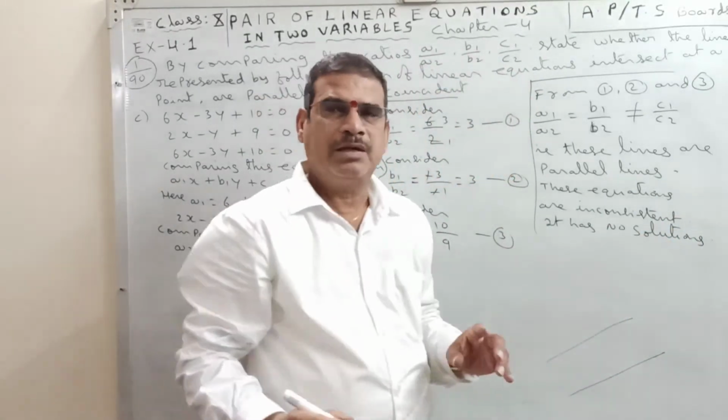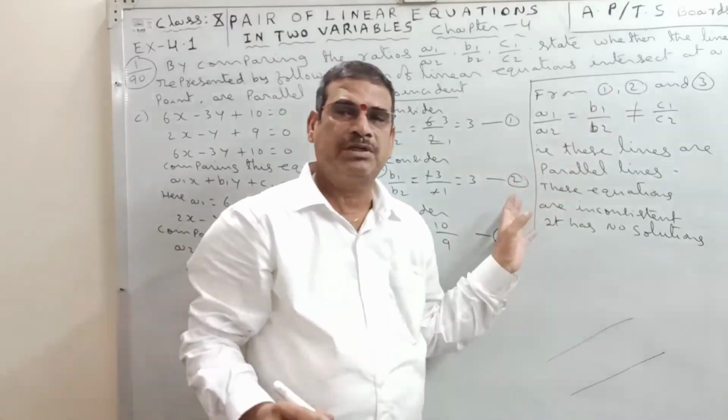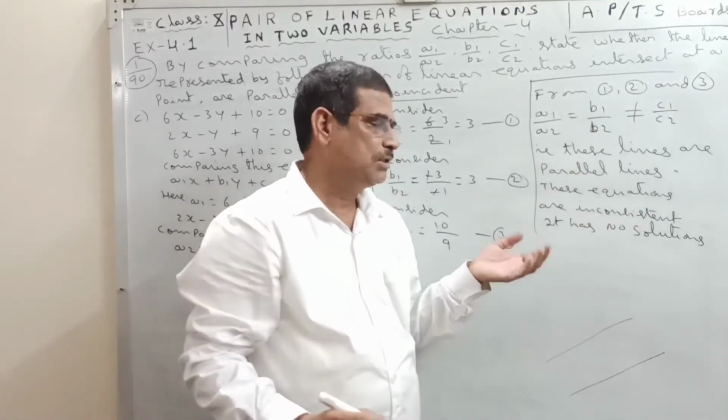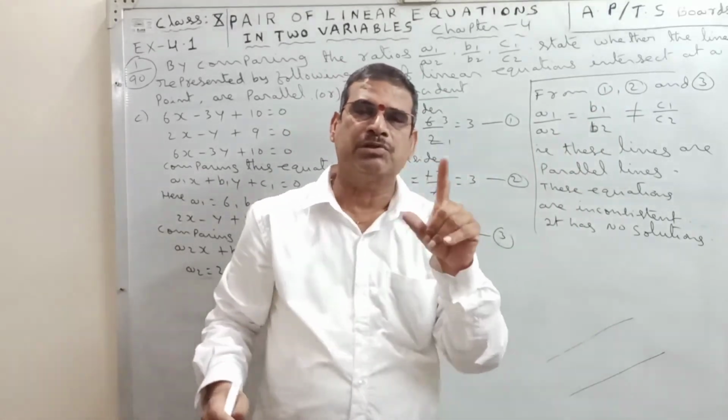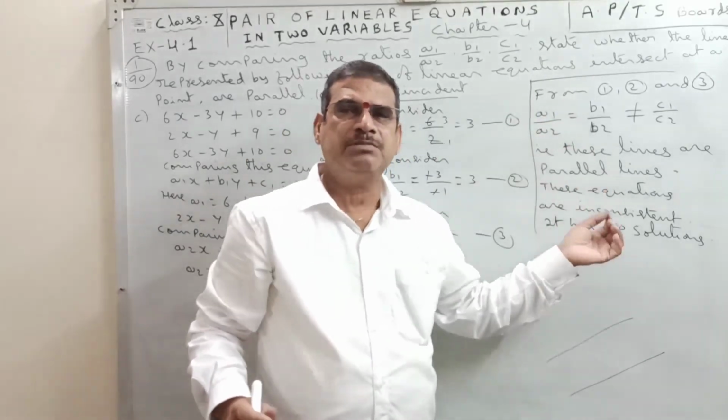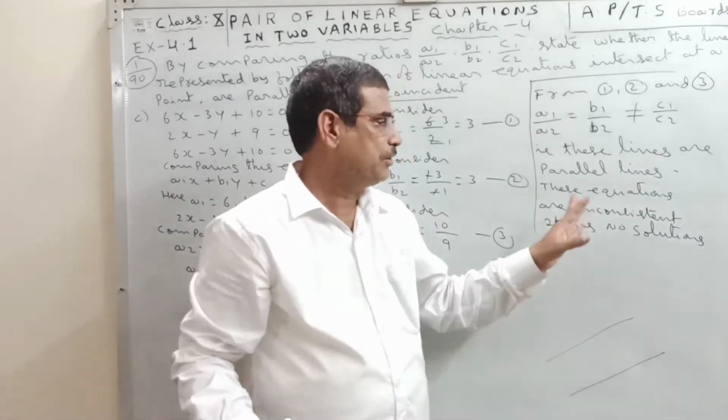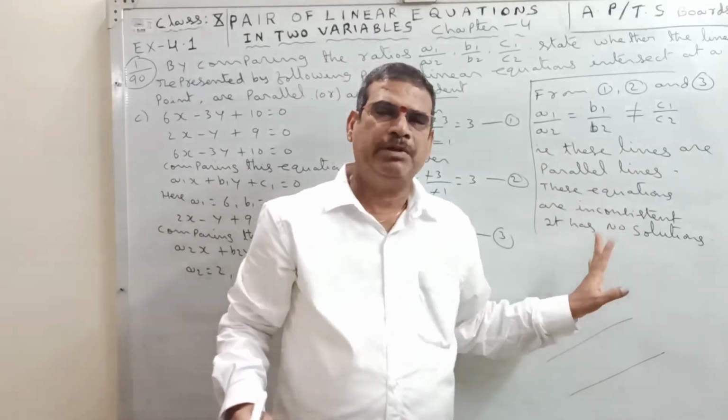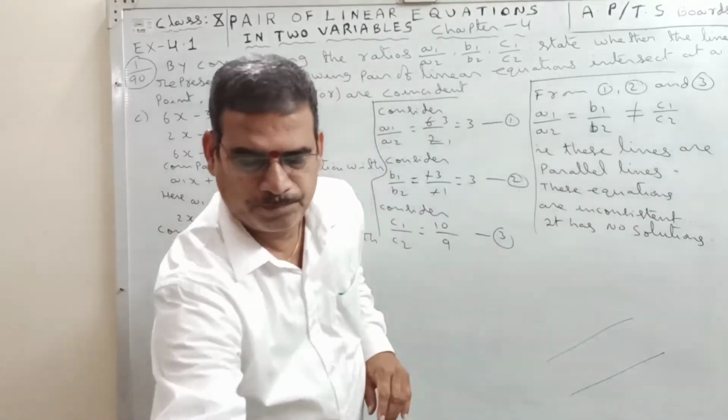For parallel lines, no solution. Coincident lines, many solutions. For intersecting lines, one solution. This entire chapter is based on that. 40 to 50% of the sums will be like this only.